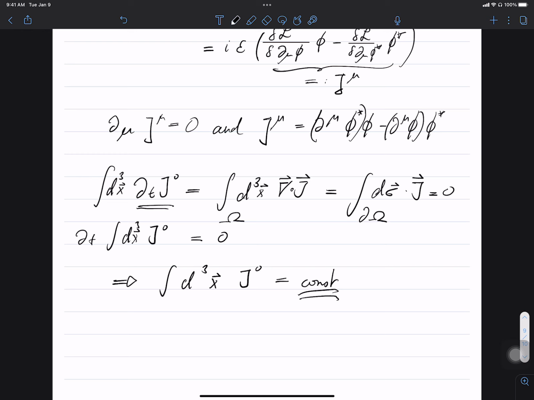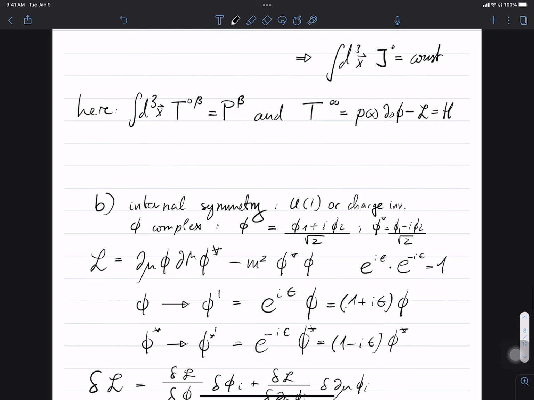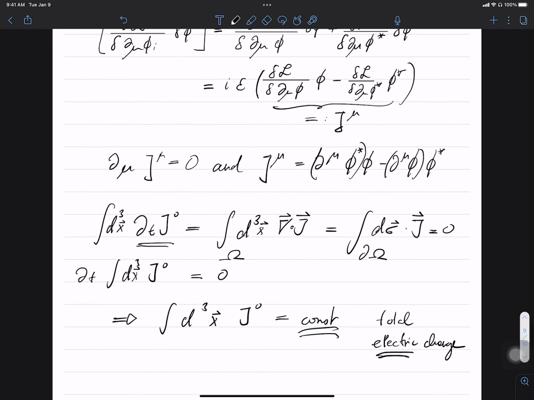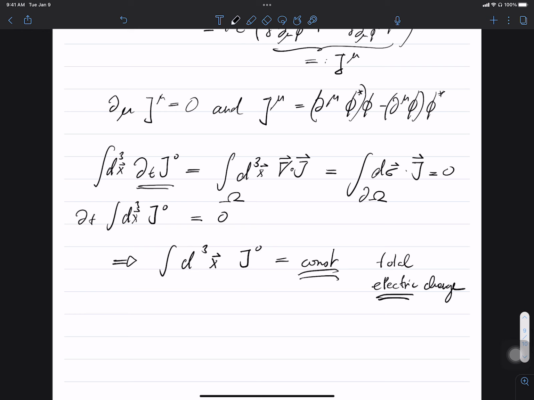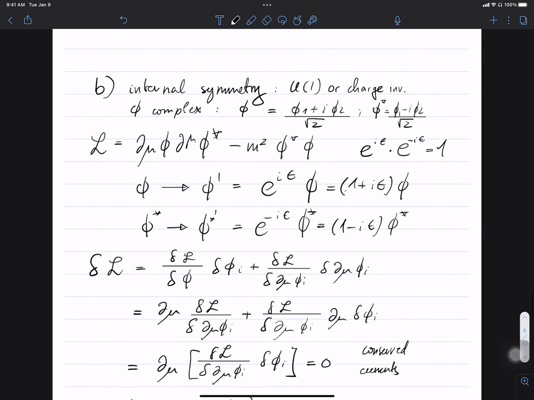So this is just the total electric charge. Well, I say electric, but in general it's a charge of this U1 symmetry, which in nature, for most practical purposes, can be called the electrical charge. That's why electrical charges are conserved, because our theories respect this internal rotation symmetry, the U1 symmetry.